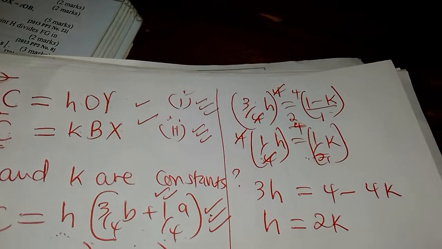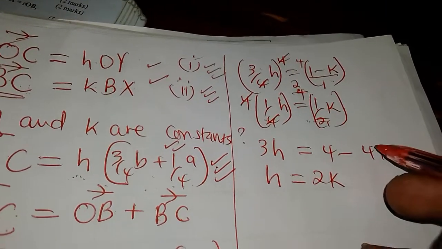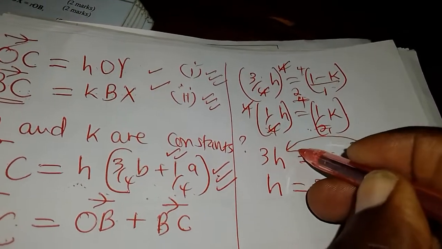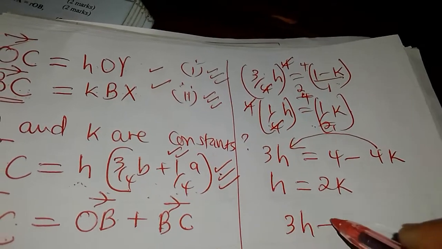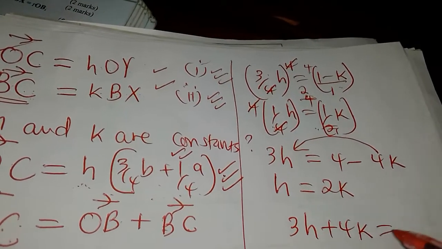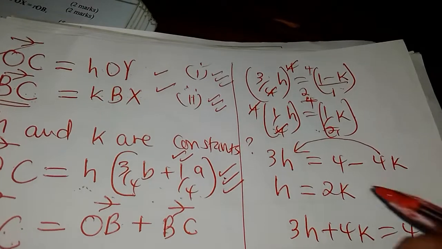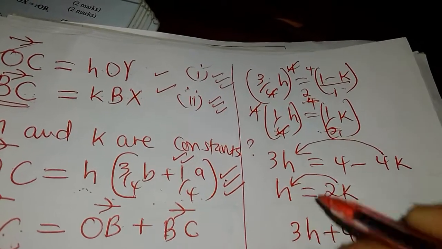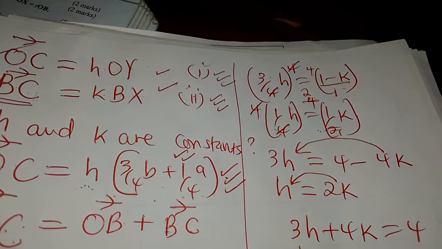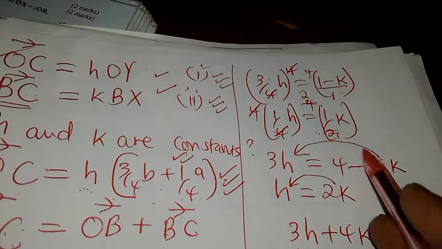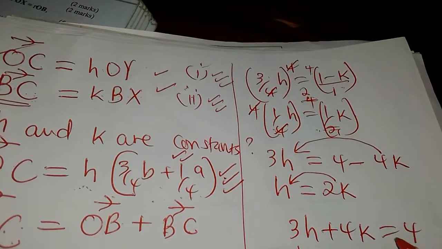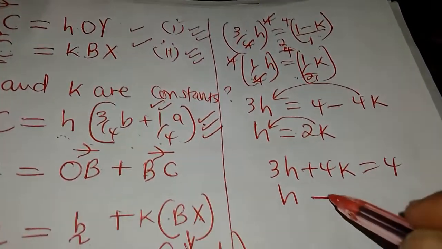I'm going to form two simultaneous equations. How? I will take this on this other side. So I'm going to have 3h plus 4k is equals to 4. Then I can as well take this on this other side as well. I'll have h minus, this is negative, that's why it turns out to be positive, then this is positive, that's what turns out to be negative.